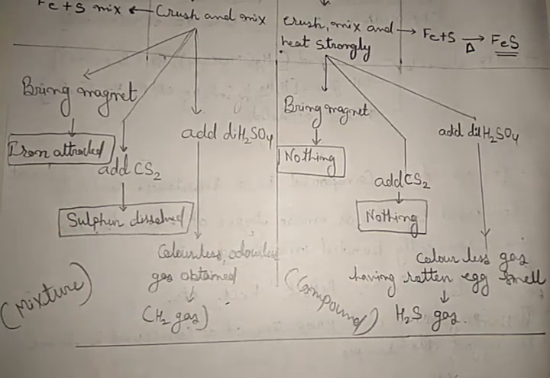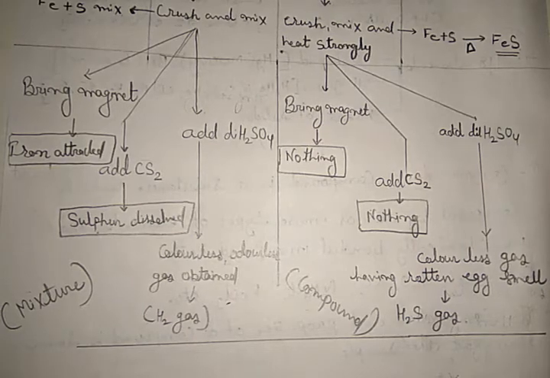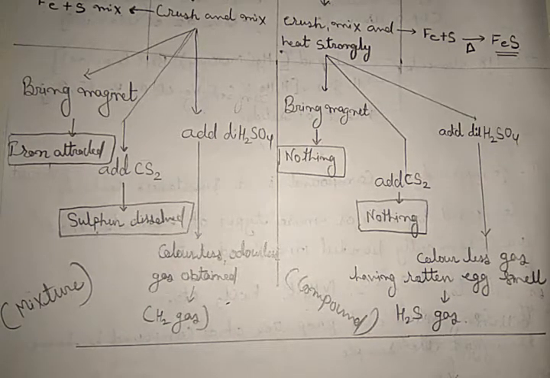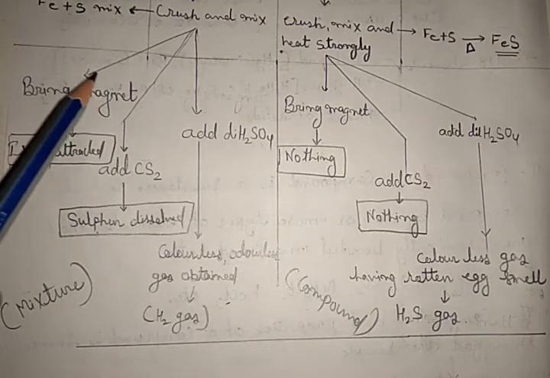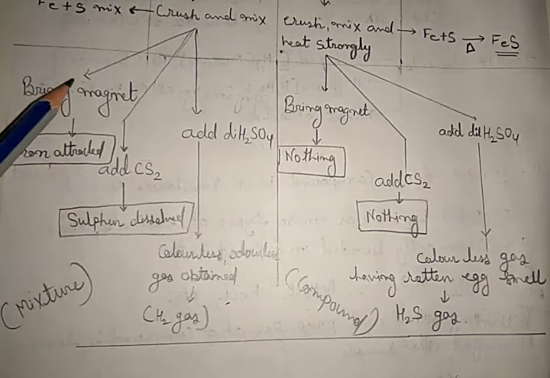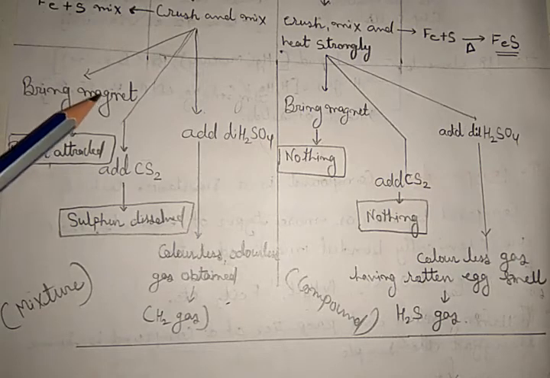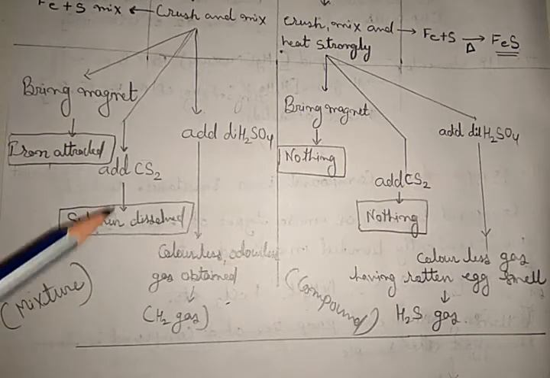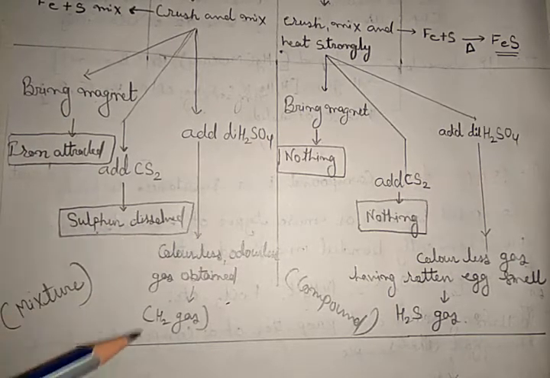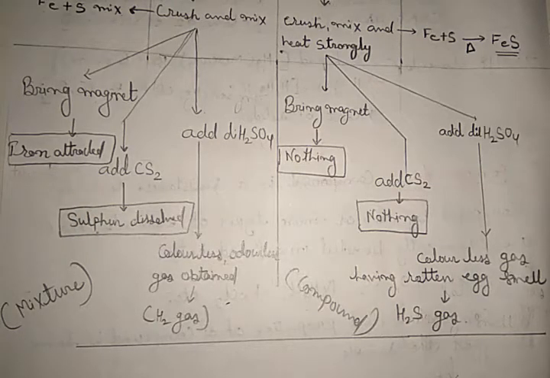That's why iron and sulfur do not lose their identity and do not make any new substance. They are just mixed with each other. That's why when we tested, they give tests separately, like iron gives the magnetism test and sulfur gives the dissolution in carbon disulfide test.